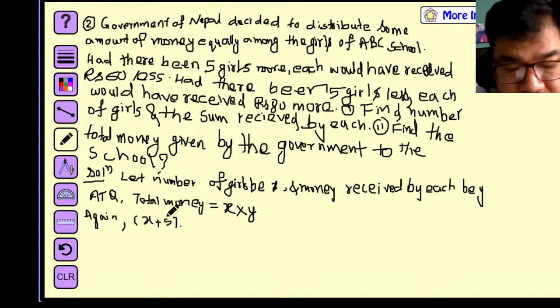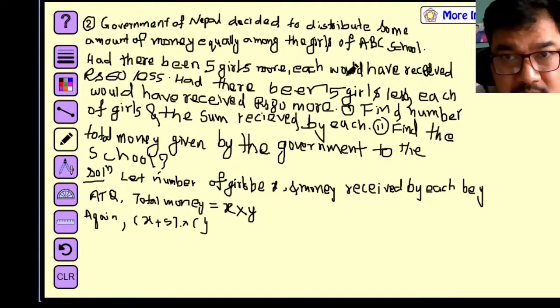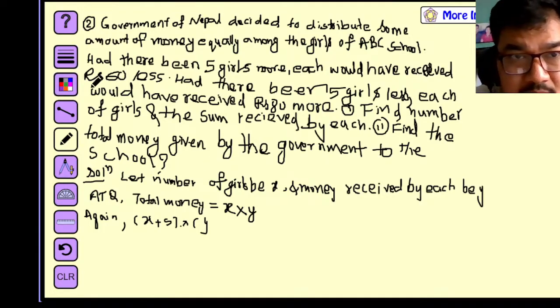When x plus 5 is multiplied with the money, it would have received 60 less, that means the money issued y was 60 less, that's y minus 60.